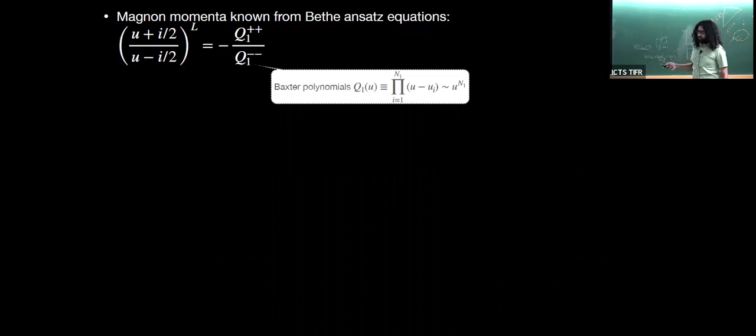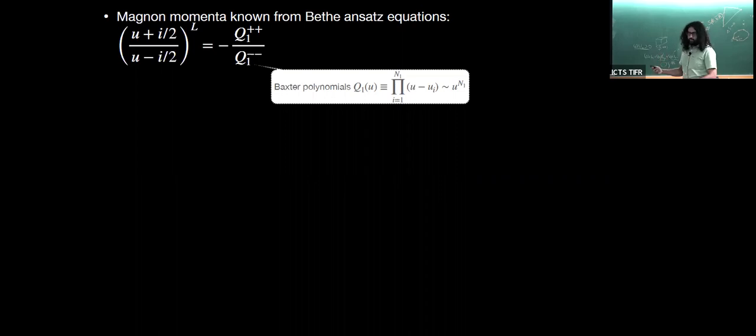What the Baxter polynomials contain are just factors of u minus u_i, where the u_i are the roots of this equation. They are called the Bethe roots, and using the formula which I showed you previously, they can be converted to magnon momenta. So the Bethe roots are the same thing as the magnon momenta, and if you know the Bethe roots, you therefore know the energy. So you can find the energy spectrum of this SU(2) spin chain by solving the Bethe Ansatz equations.